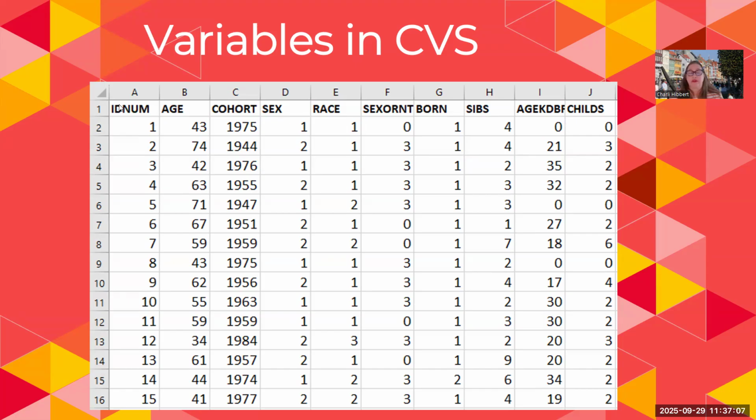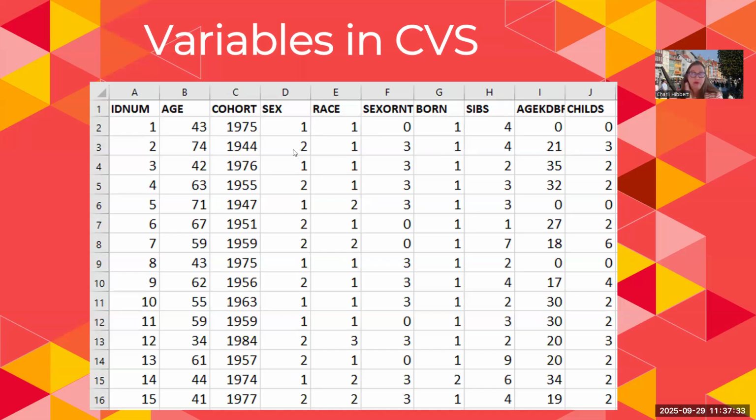This participant was ID number 1. Their age was 43. Their cohort, or probably birth year or graduation year, was 1975. Whatever 1 represents for their sex, whatever 1 represents for race. So race, sex, born, well, that's born in the USA or not born in the USA.